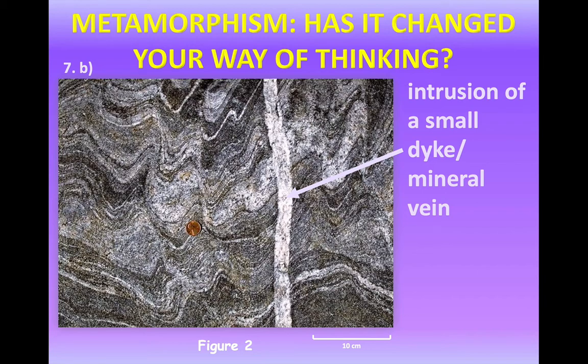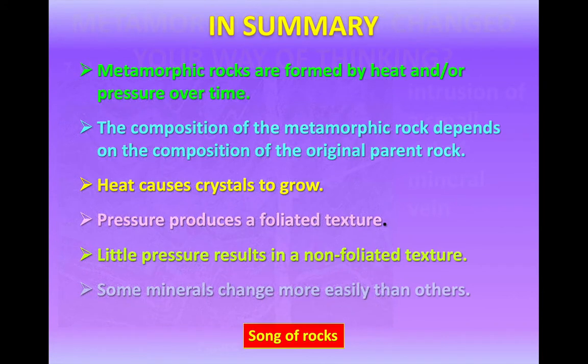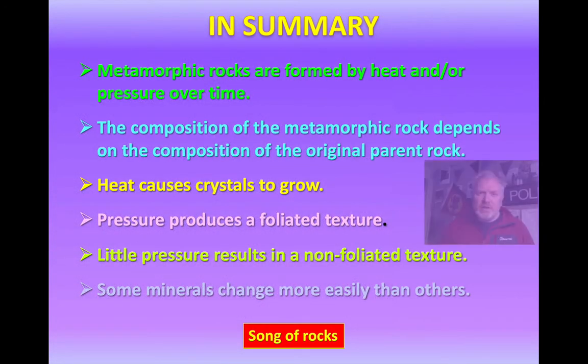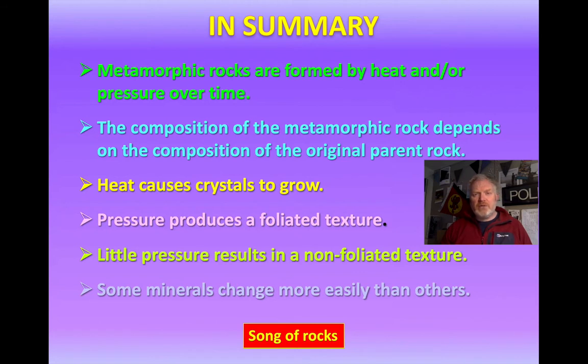So, to summarise, we know that metamorphic rocks are formed by heat and/or pressure, some combination of those two agents, over a period of time. The composition we find in the metamorphic rock depends largely on what the original parent rock was made of.